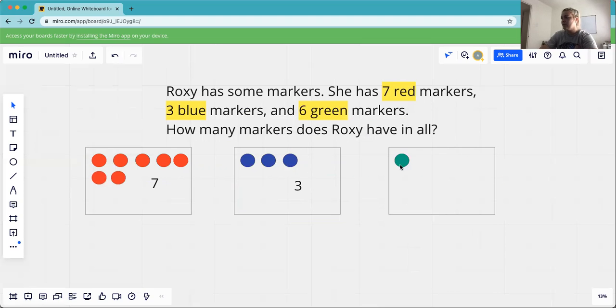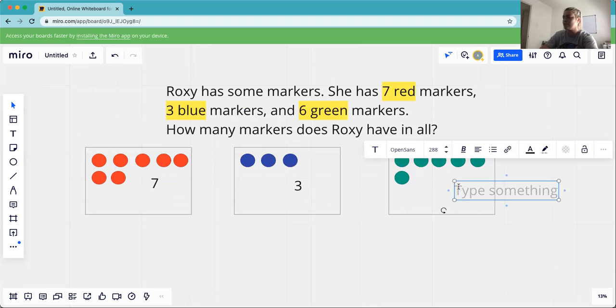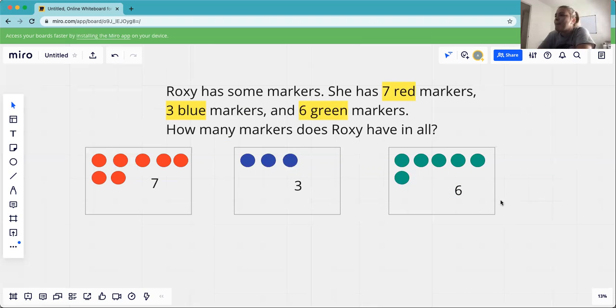Green. Perfect. 2, 3, oops, 4, 5, and 6. And again, write my number 6. So it's just easy. I can look at it real quick and I know it.